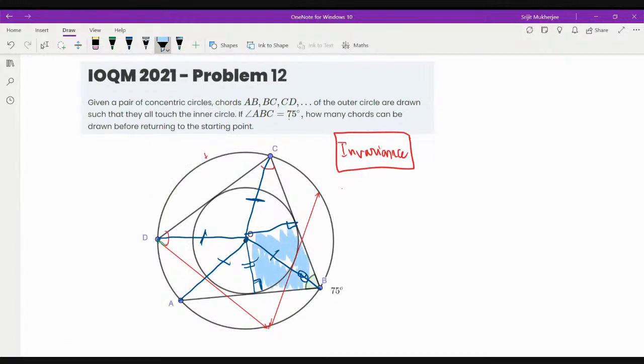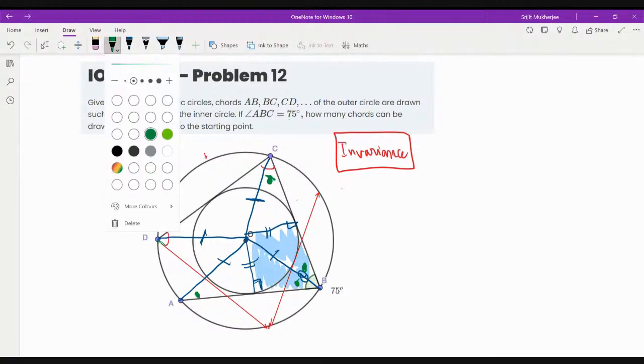By RHS congruency, you can show that these two triangles are congruent, and this will imply that these two are angle bisectors, and once these two are angle bisectors, it will imply that these two are also angle bisectors, and this is in fact equal because it's isosceles. Similarly, we used this triangle and this triangle to prove these two are angle bisectors.